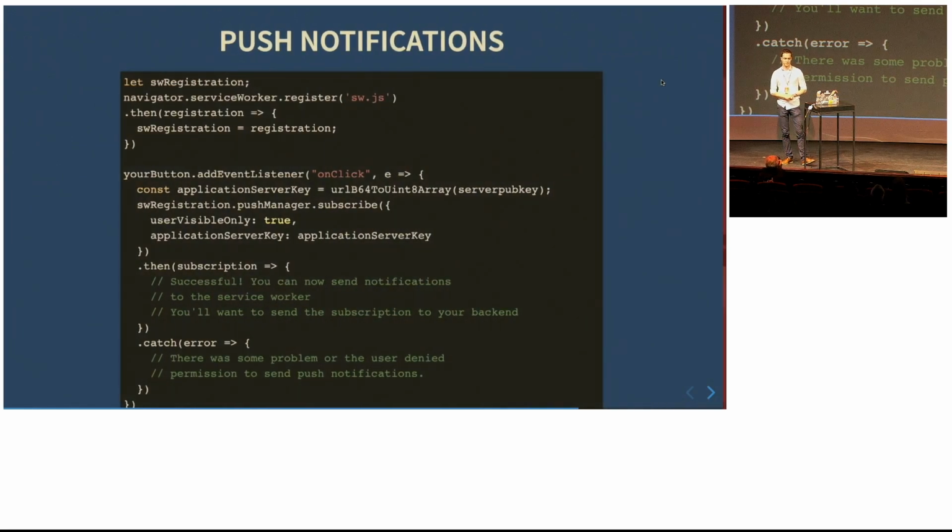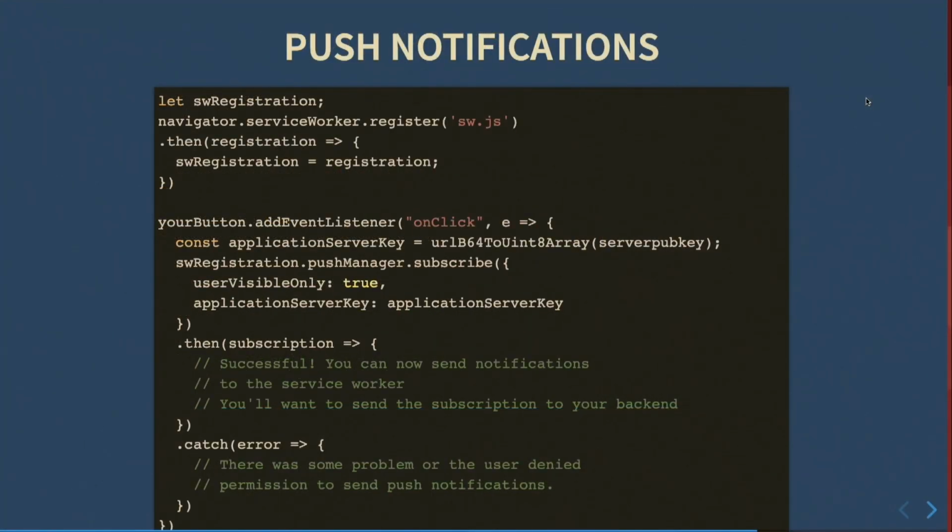So lastly, push notifications. They're very, very powerful. They're also still a little bit more complicated. Basically, what you have to do is subscribe your app, your instance of the app, to a push manager, which is your server running a notification push mechanism. This is done right here, and it basically, using the server's public key, subscribes this browser to push notifications.